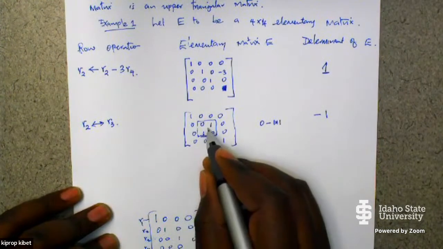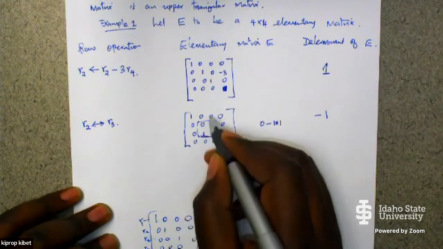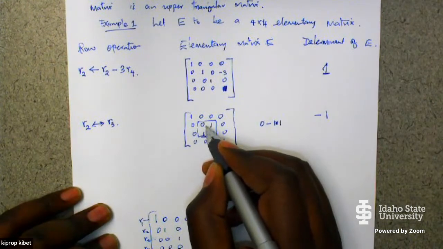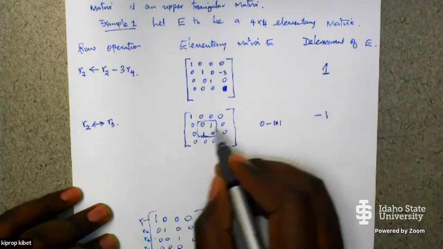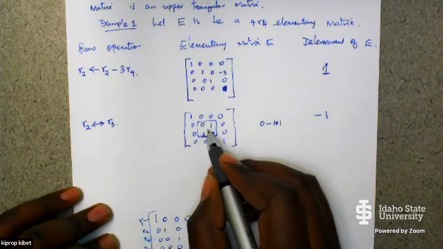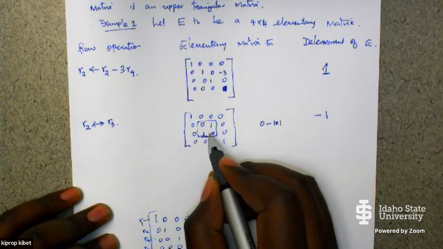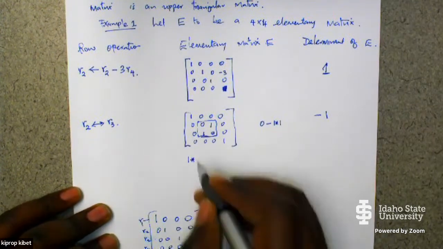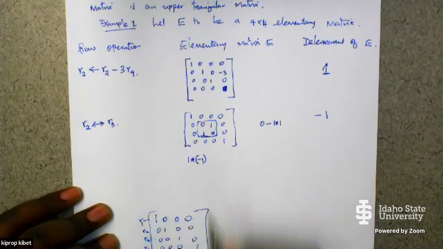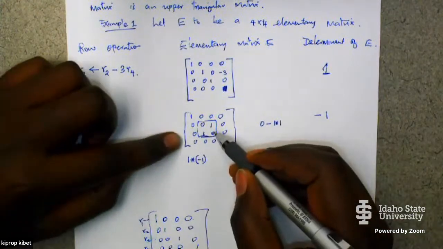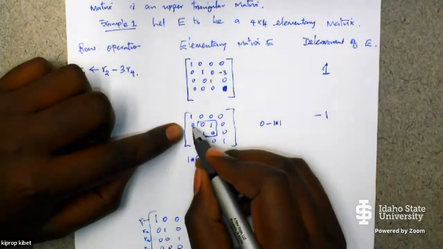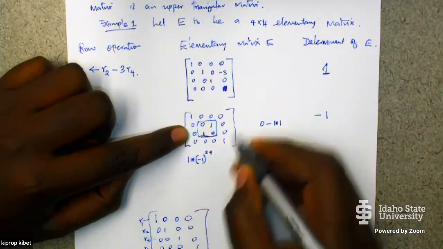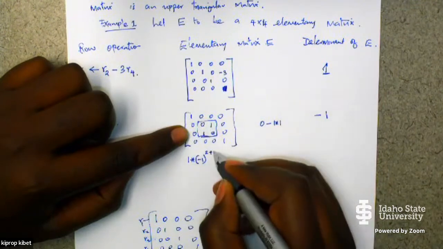So when we delete this and this, okay, wait, yeah, we can delete this and this. So that means it will be 1 multiplied by -1. And then this is the second row plus 1, 2, 3, the third column.